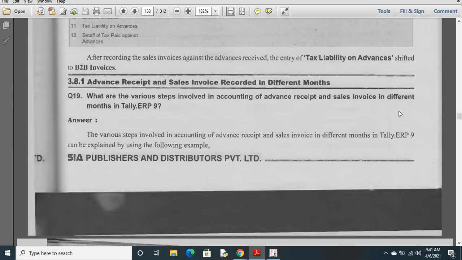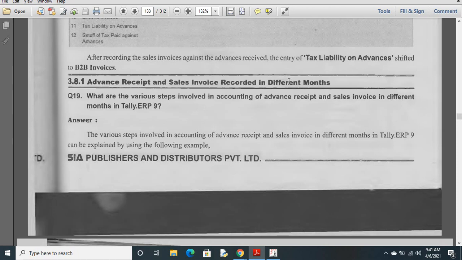Remaining is advance receipt and sales invoice recorded in different months. In the previous example, we performed the operation within the same month. We received advance and performed the operation in the same month.